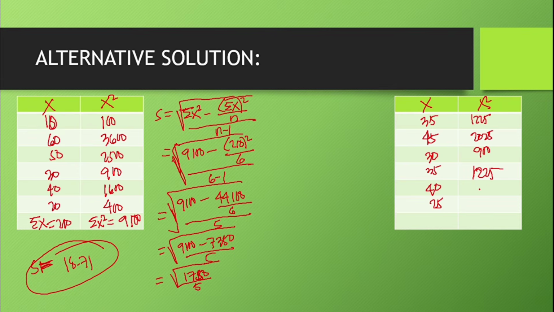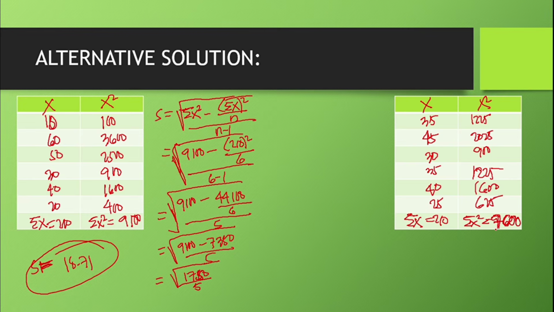We have 40 squared, which is 1,600. And we have 625. So the summation of x here is 210. And the summation of x squared here is 7,600.